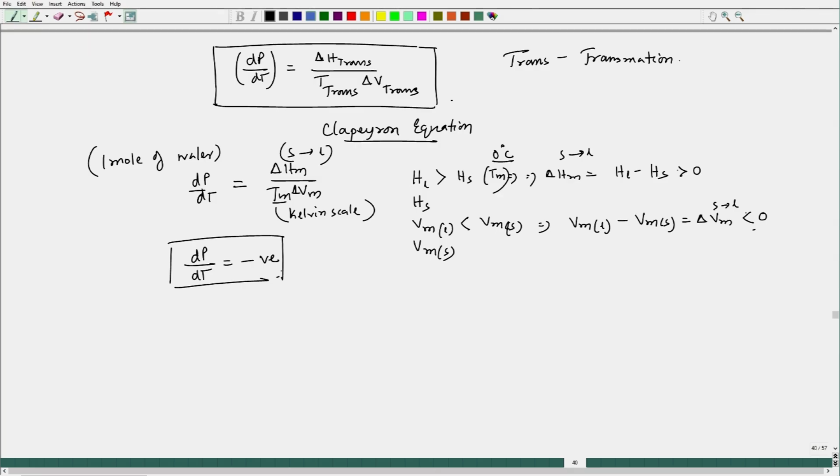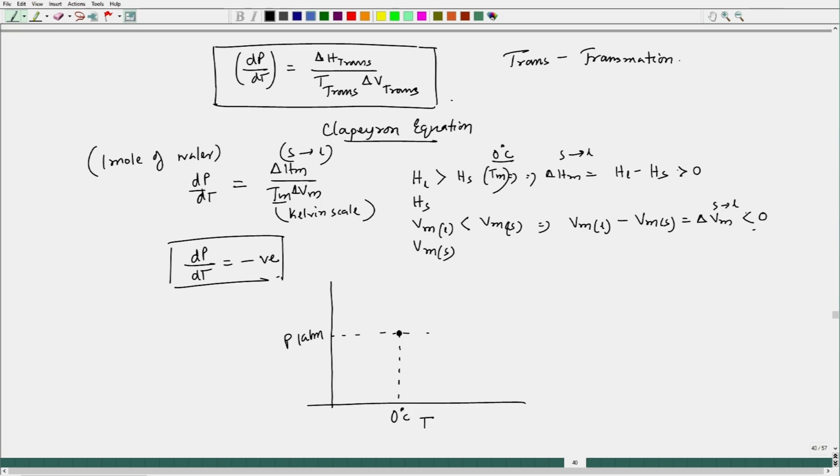Okay. So, once it becomes negative, that means if I go back to that P-T plot, we saw that at 1 atmosphere pressure and 0 degree Celsius, I have this particular location where solid and liquid both are at equilibrium.